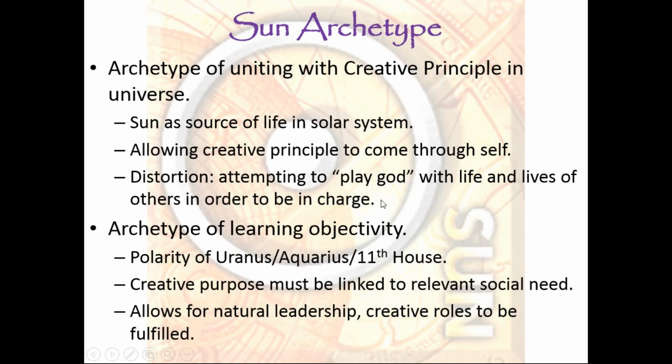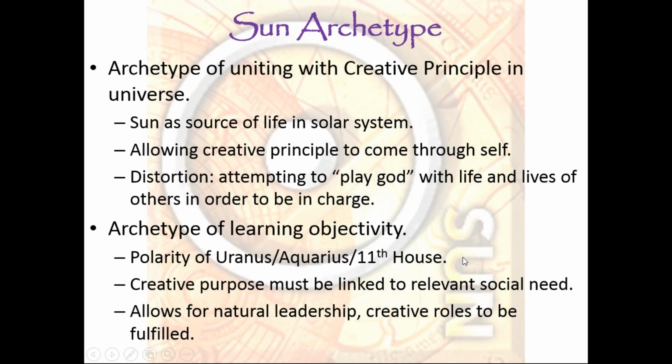So this will then bring in recognizing the archetype of learning objectivity. And this is that polarity to the circle, which is Uranus, which rules Aquarius and the 11th house.